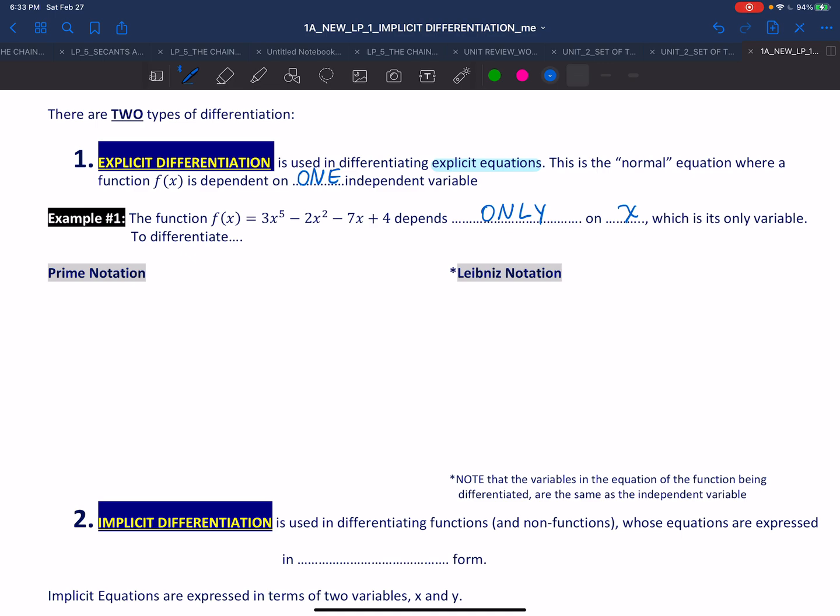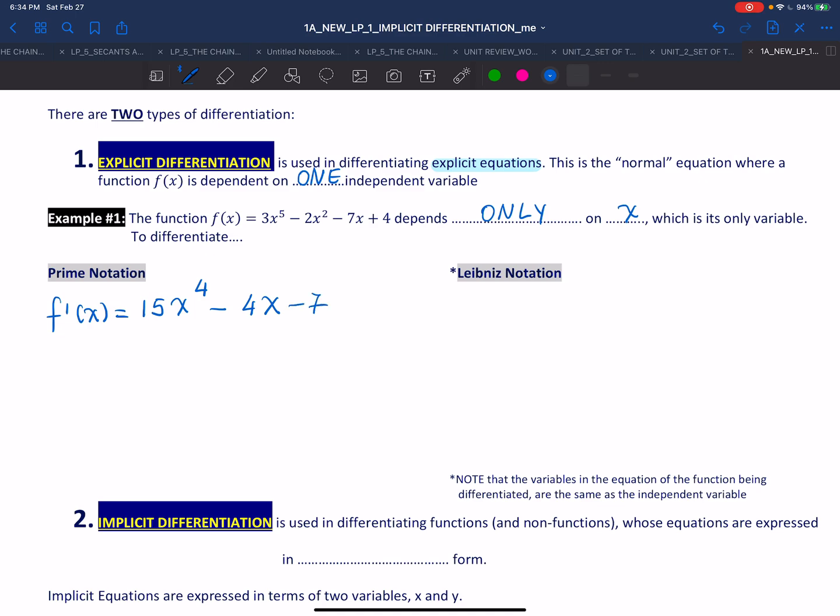If you were to differentiate this, and I'm going to differentiate this in two ways using prime and Leibniz notation, then I will say that f prime of x equals just the power rule: 15x to the power of 1 less than 5, 4, minus 4x to the power of 1 less than 2, which is 1, minus 7.